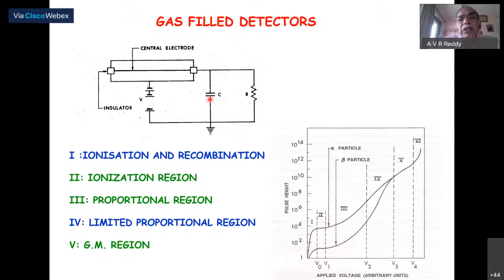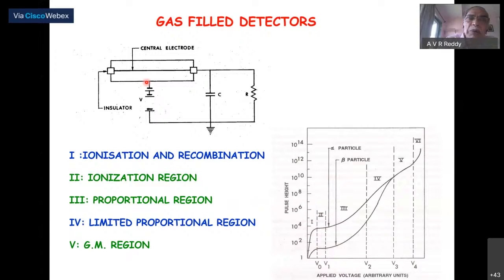That will be discharged across a resistor, and we create either a voltage pulse or a current pulse, depending on our applications. This is the general principle and a pictorial block diagram of a gas-filled detector.